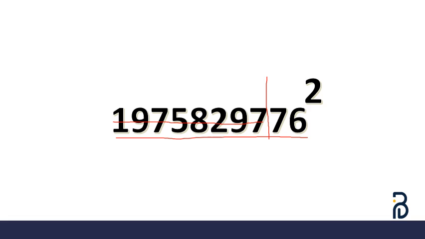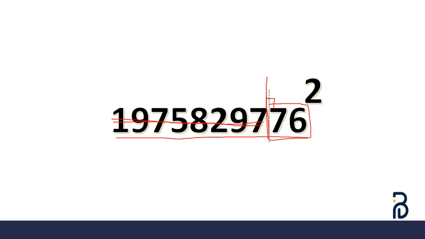The last two digits of 76 square and of 1975829776 square will be the same. So I will not consider the rest, I will only consider the last two digits. Your number is now 76 square, and you will have to find the last two digits of 76 square.